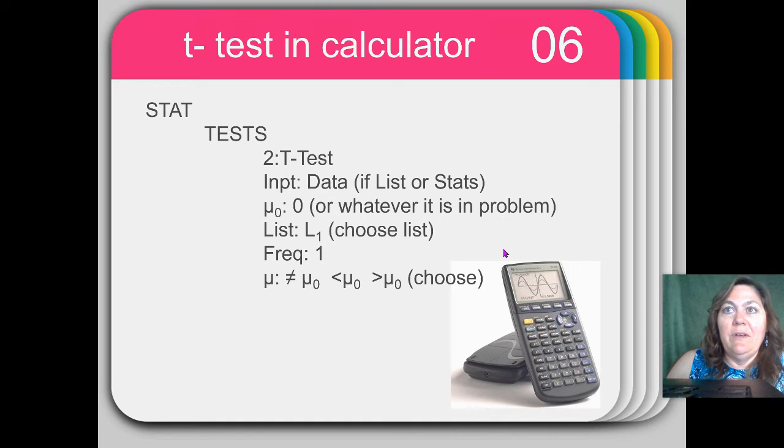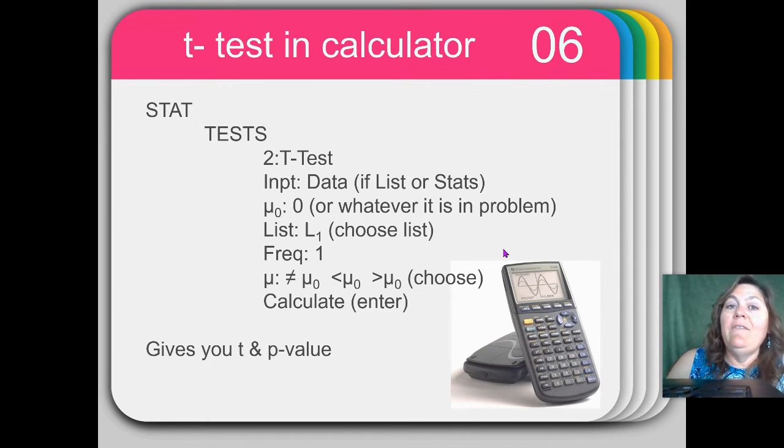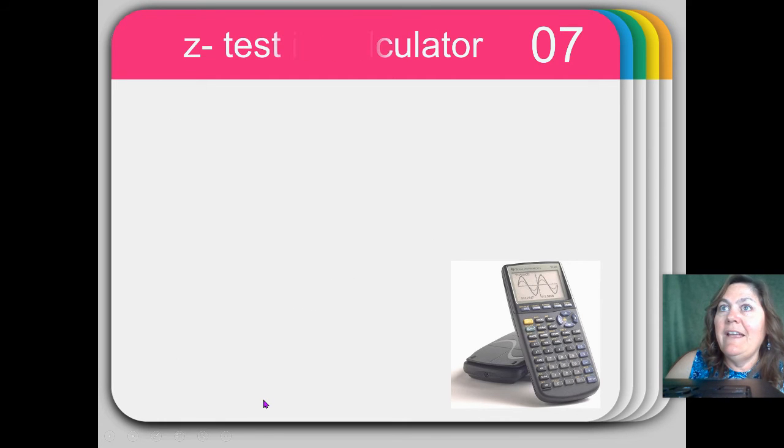That's all you input right there, your data and what you're running, and you hit calculate, and you will get t and you will get p. Now, if this is a two-tailed test, p comes two-tailed ready for you. It knows from your command here that it was two-tailed, so you don't need to multiply it by 2 in this t-test arena. So just a warning on that.